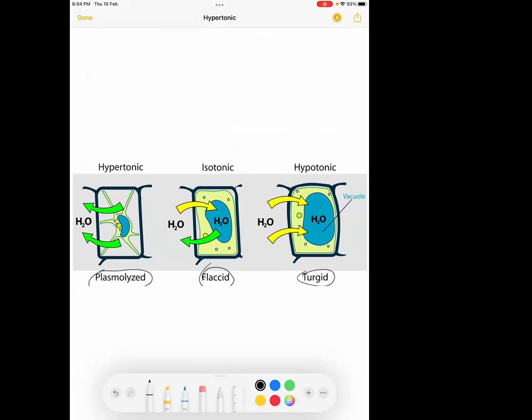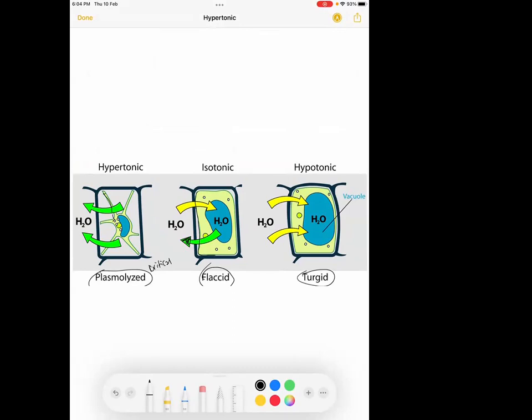So that is the one that is very critical. Here you can see even if some water is going out of the cell and the cell membrane is slightly detached from the cell wall, it is still there. But this one is completely detached from the cell wall, okay? And on this side we have turgid, which you already can understand.